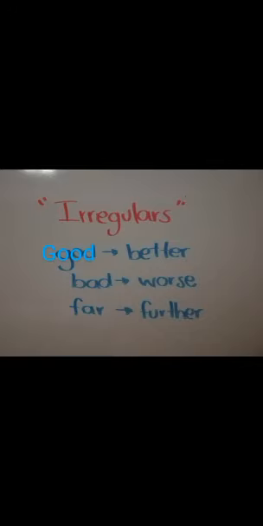Because there is nothing to follow. You just have to remember them. The good thing here is that they are just 3. Good, which is better, bad, which is worse, and far, which is further. Good, better, bad, worse, far, further.